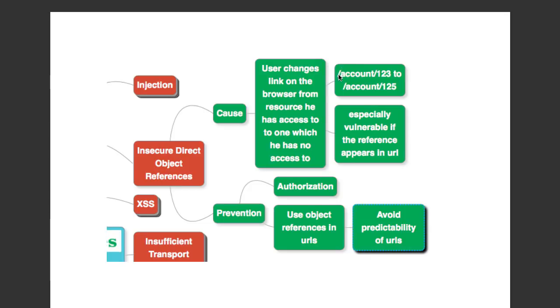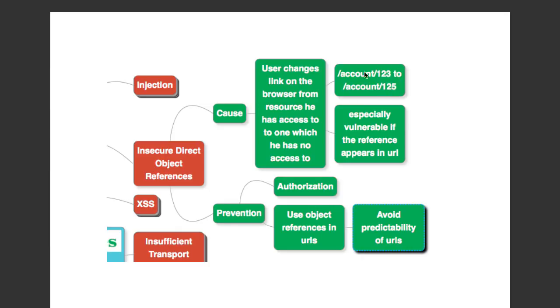Let's consider a simple example. Let's say I'm trying to log into a web application and the web application shows a link to some webserver.com/account/123. Now, what I would do is change 123 to 125.